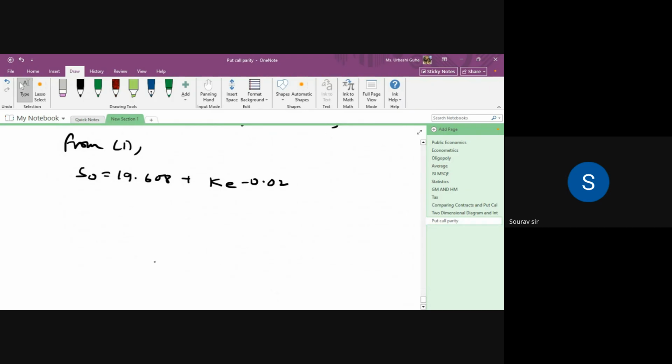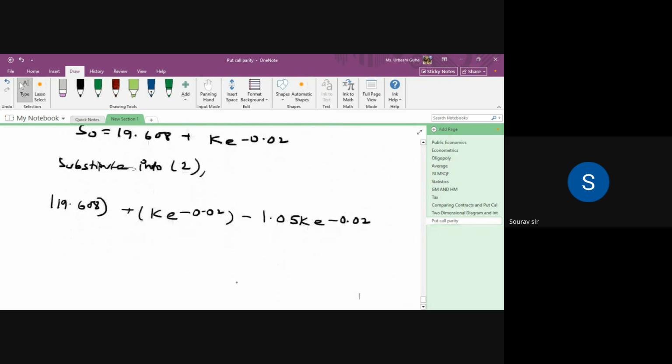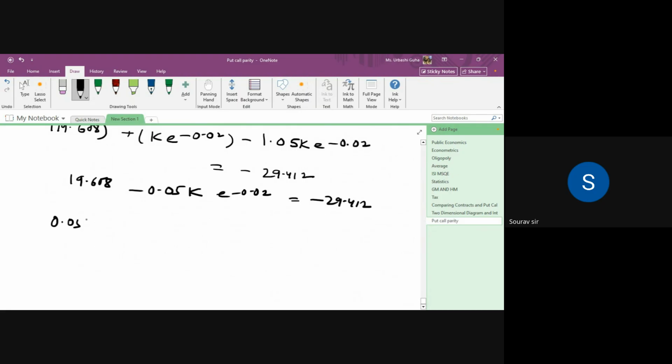And we will substitute it into the second equation: 19.608 plus K e to the power minus 0.02 minus 1.05K e to the power minus 0.02 is equal to minus 29.41. So now, 19.608 ... minus 29.41. Right.